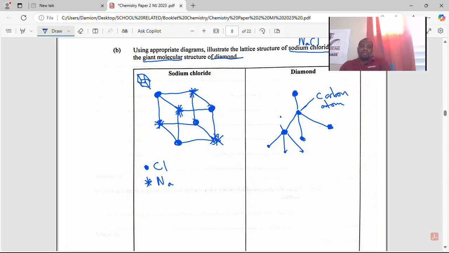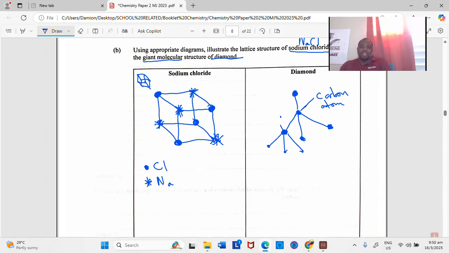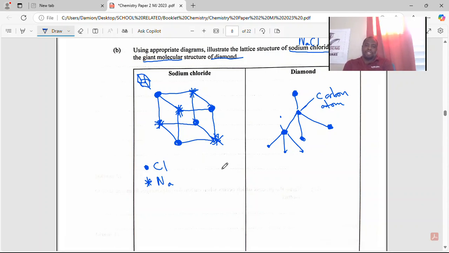Because of the strength of this, there's a lot of little videos on YouTube that you can use, people using a hammer to hit the diamond and the hammer actually breaks, you know, instead of the diamond. The hammer actually chips instead of the diamond breaking.